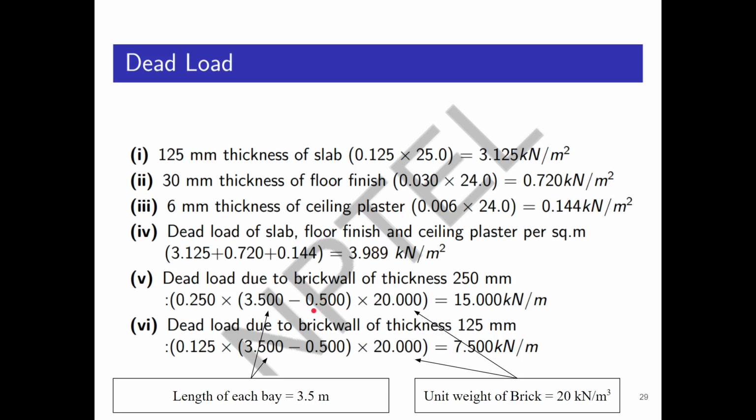That is 0.25 from one side and 0.25 from other side, because that load will be carried by the column itself. So subtracting that, minus 0.25 minus 0.25, that is minus 0.5. So 3.5 minus 0.5 is the length. And unit weight of brick is how much? They have assumed it to be 20.